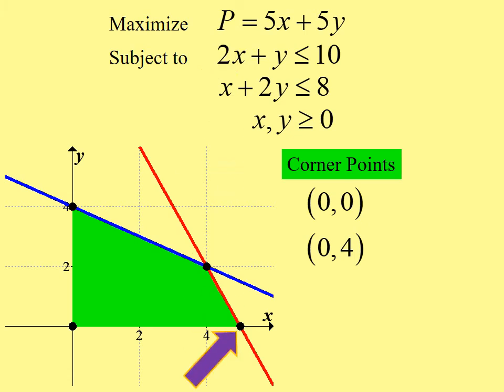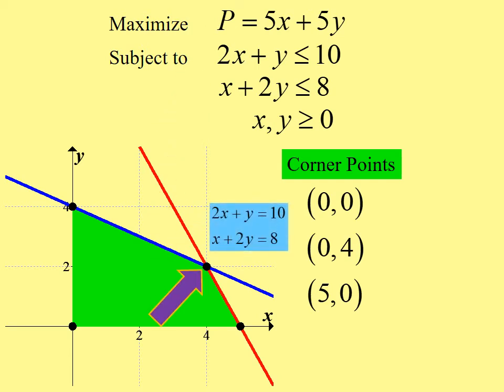And the point here where the red line crosses the x-axis, that would be the 5. And finally, where the two lines cross. To find that, we need to take the two equations and solve them like we did back in Chapter 4 using the RREF. So these are our corner points.